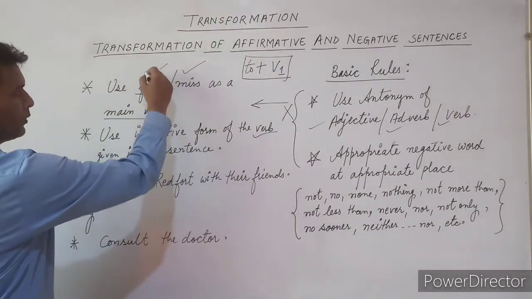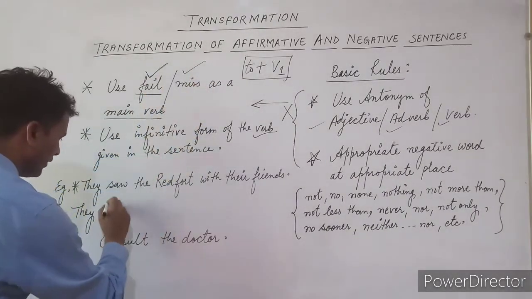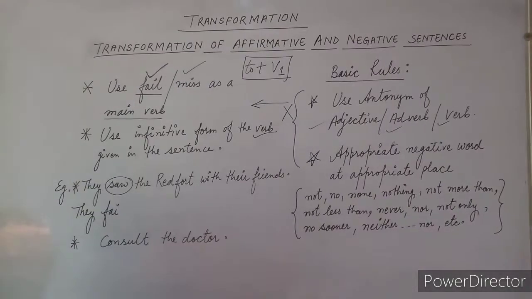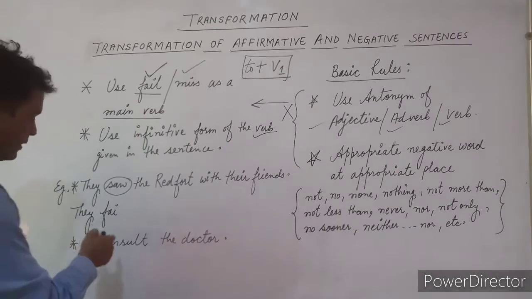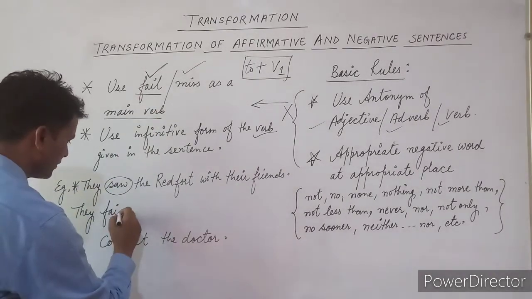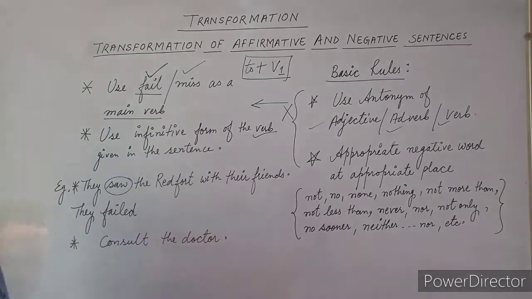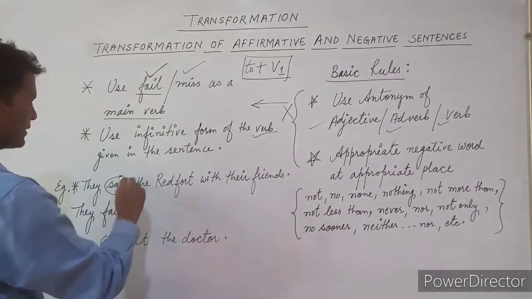As the main verb, you can use fail or miss. Because the tense of the sentence is past, you will use the past tense. The past tense of fail is failed.